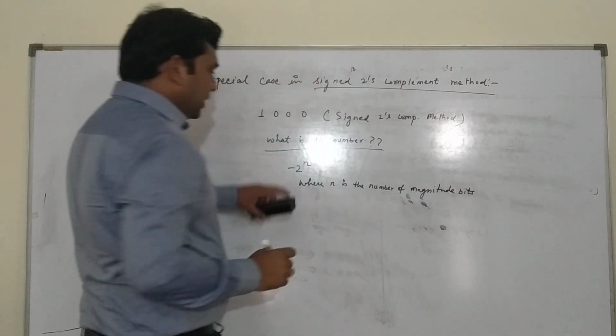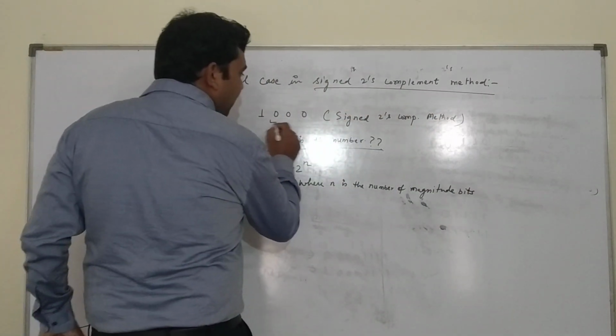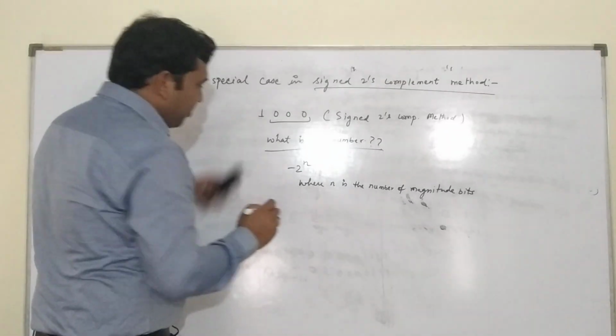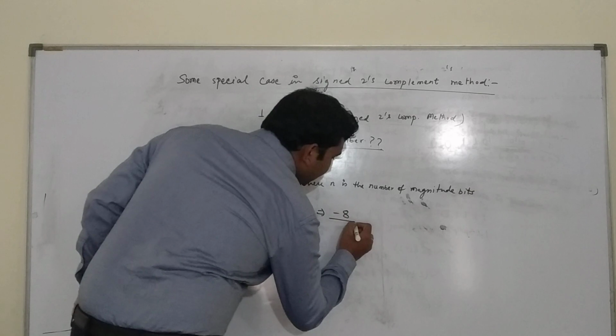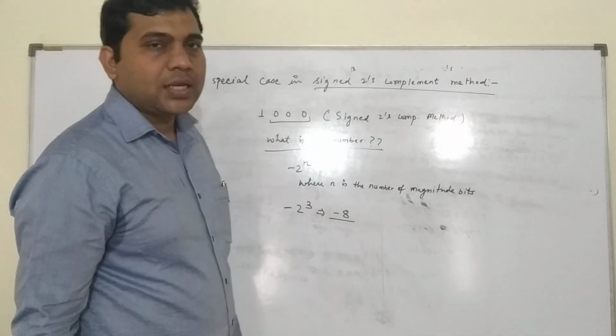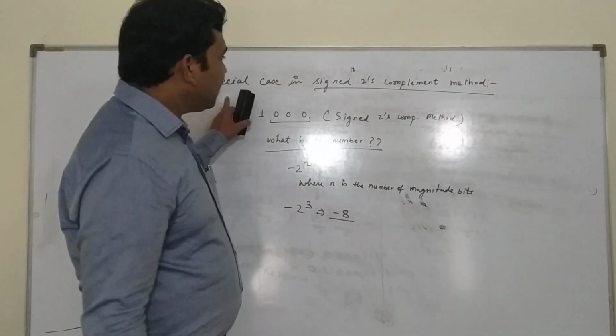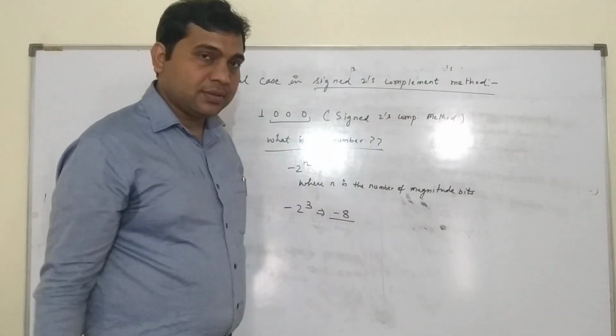In this case, the number of magnitude bits is 3. So this number is minus 2 to the power 3, meaning minus 8. This is a very special case in the signed 2's complement method.